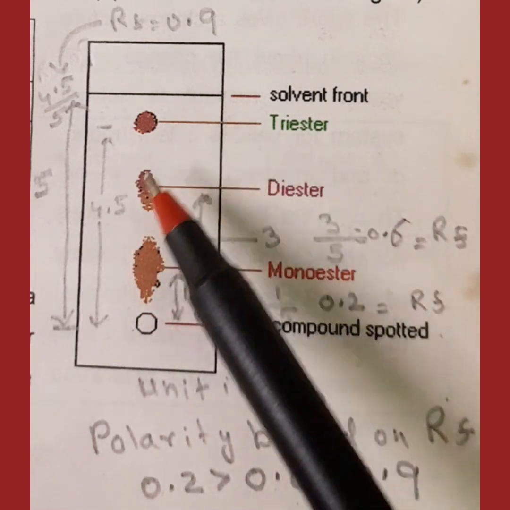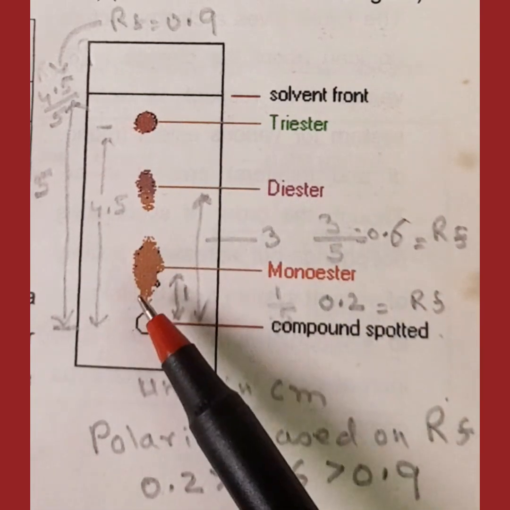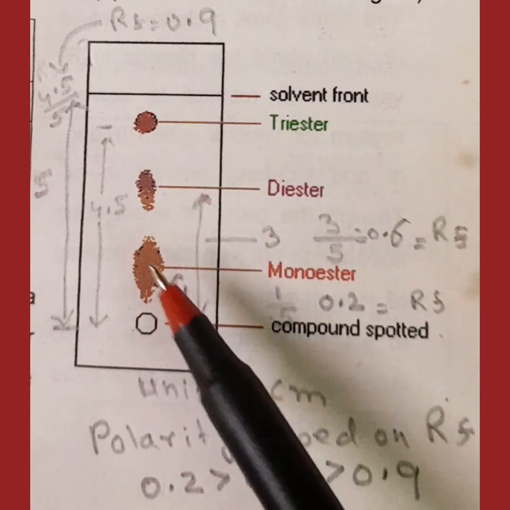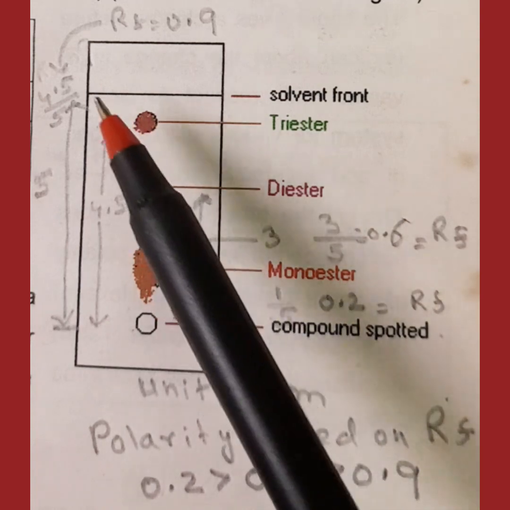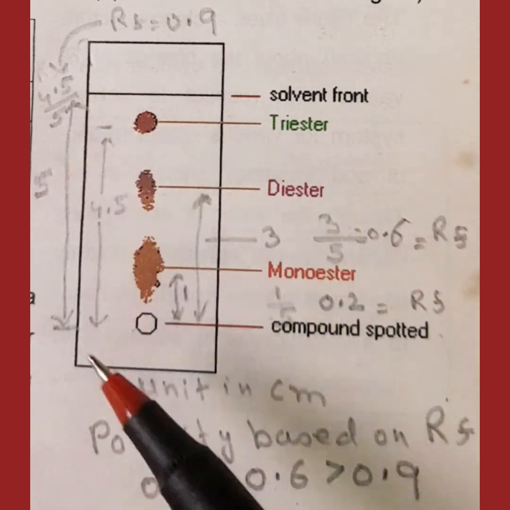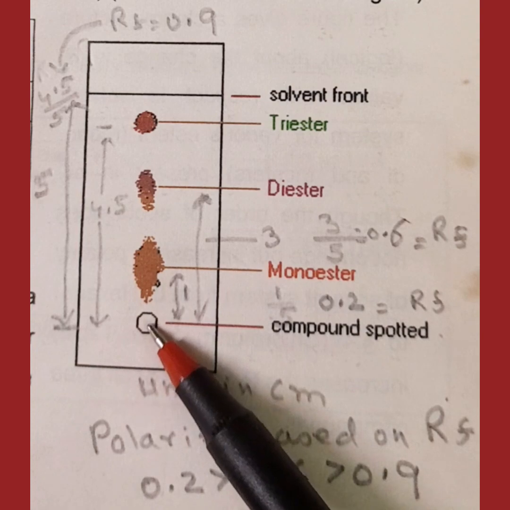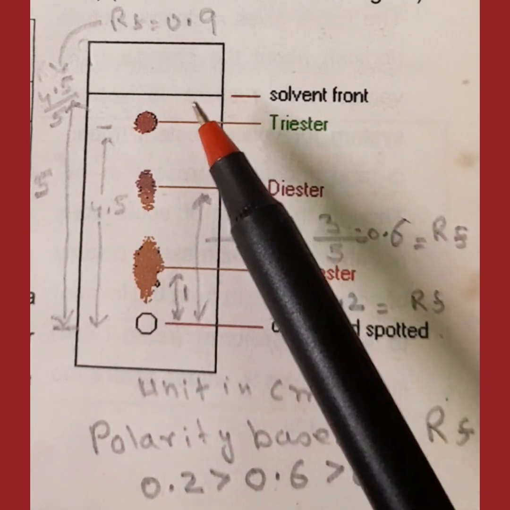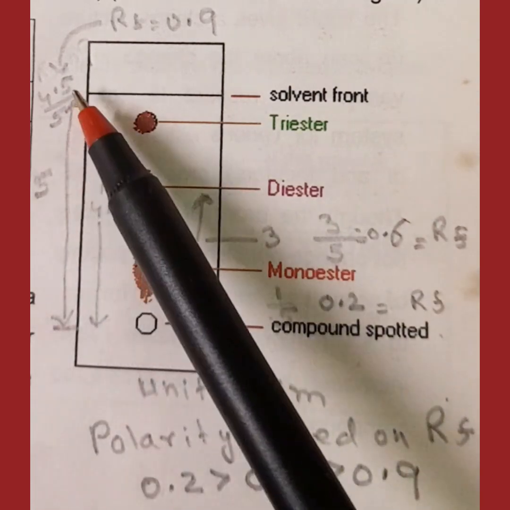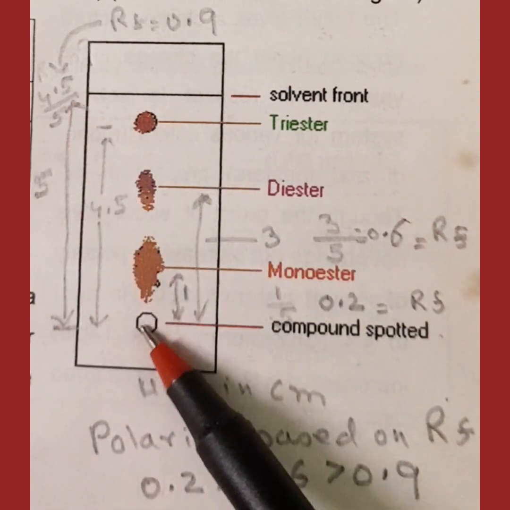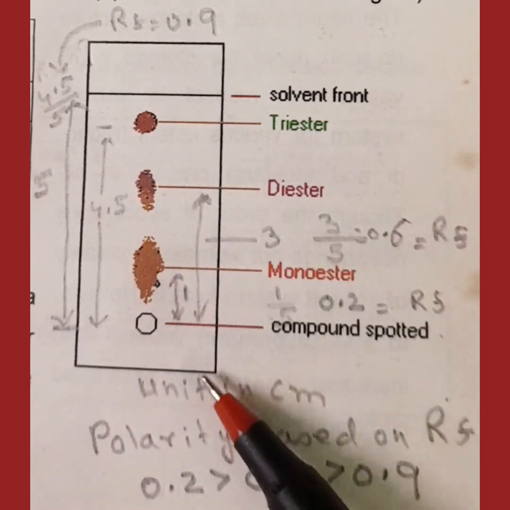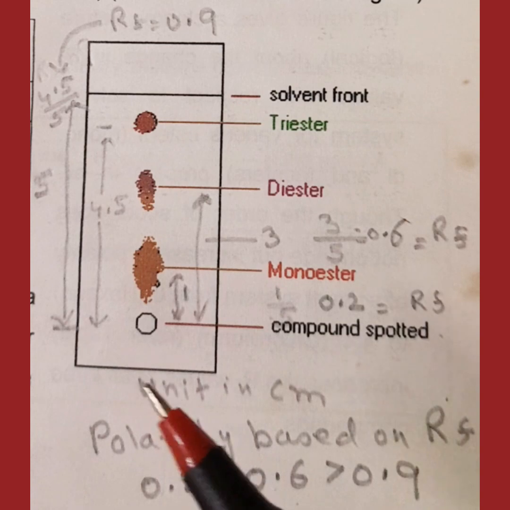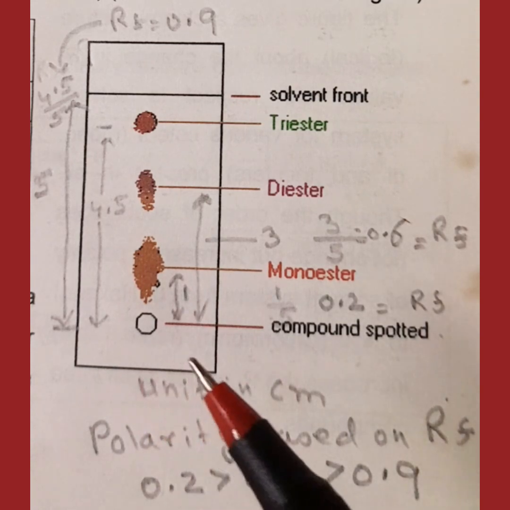The triester, being least polar, moves this much, the monoester being most polar amongst the three moves still here, and the diester in between. Now if this distance from here where we spotted to the solvent front is suppose 5 centimeter, this is 4 centimeter, this to this is 3 centimeter, this to this is 1 centimeter. Now let's understand the Rf.